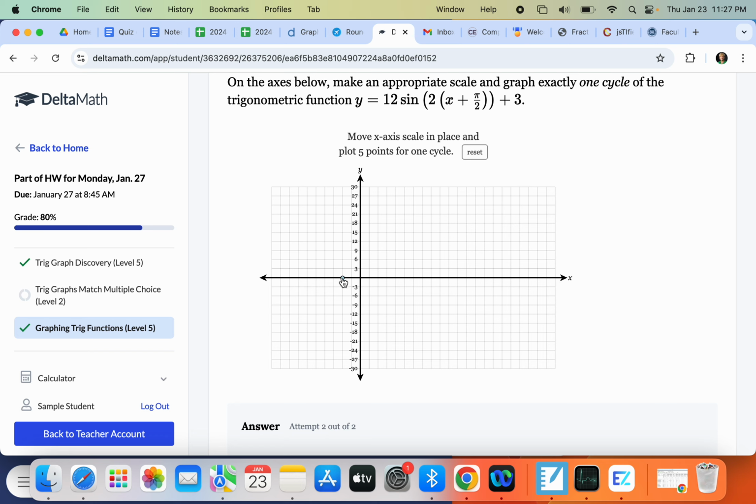I'm going to count, I'm moving back pi over 2, but I'm counting by pi over 4s.